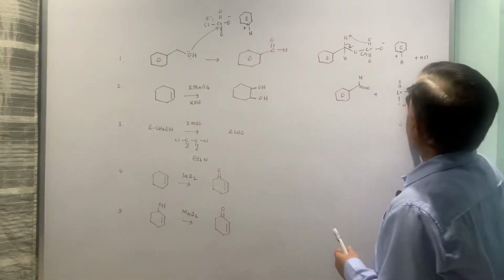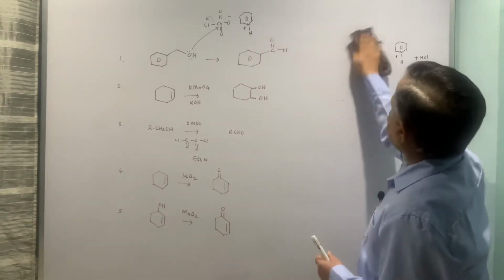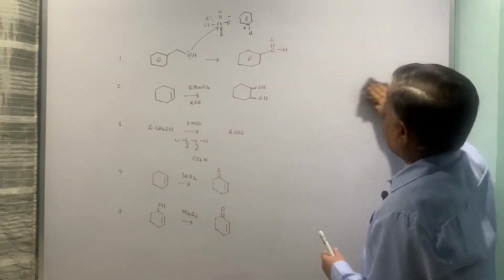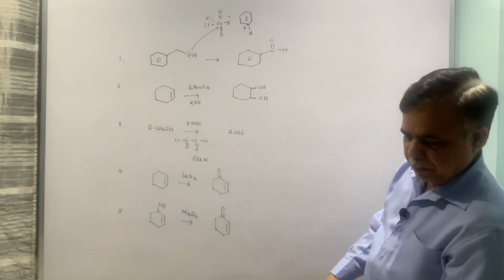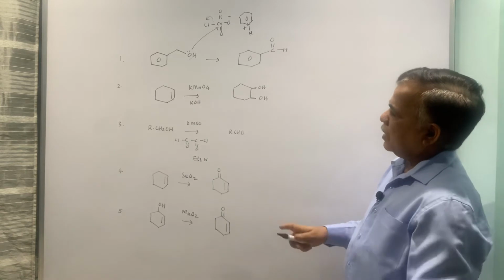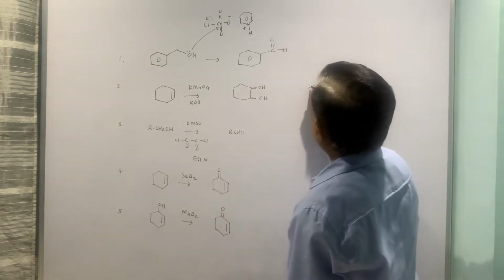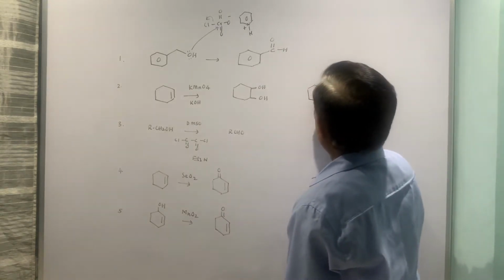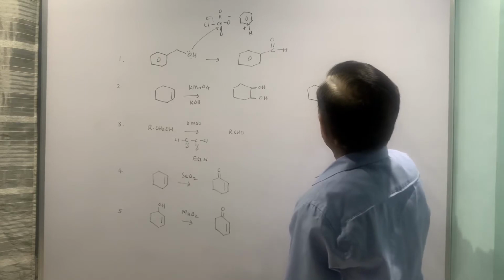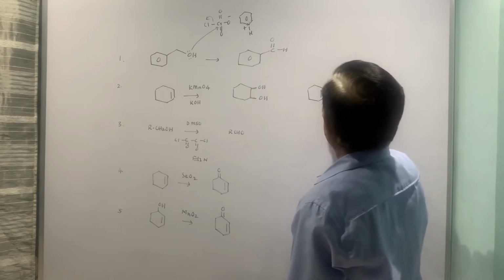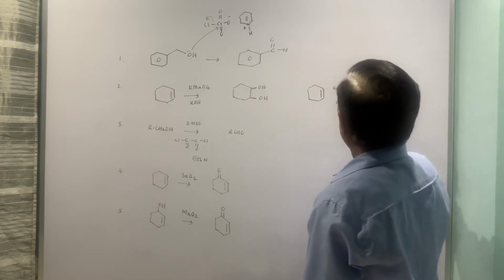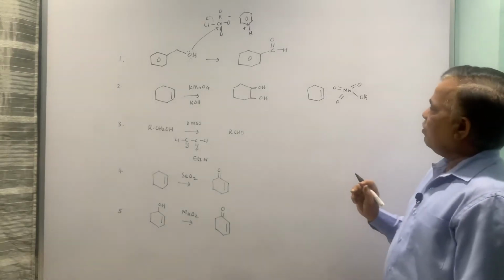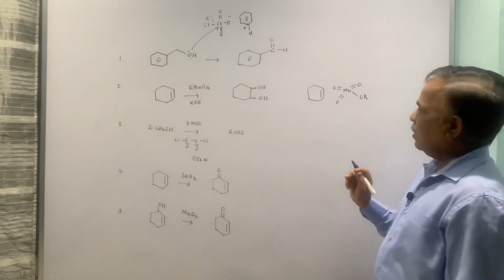Okay, now this is about the first one. Now let us write it for the second one. Now the second one is KMnO4. Now the KMnO4, we can put it this way. This is KMnO4, where manganese is +7.